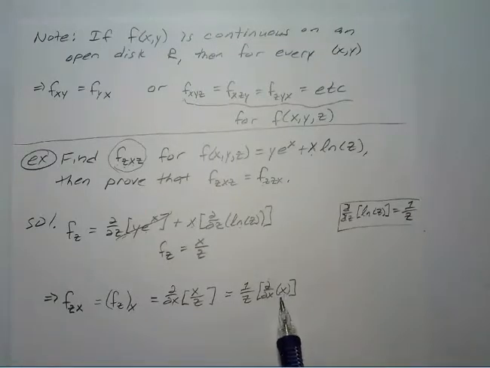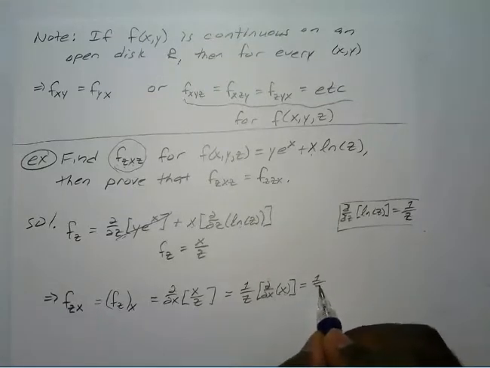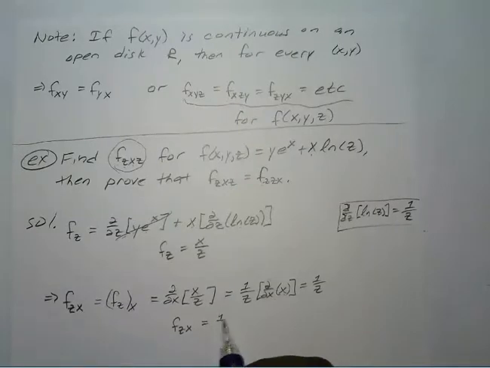The derivative of x is just 1. So you have 1 over z times 1, which is just 1 over z. So that means the partial with respect to z and x is just 1 over z.